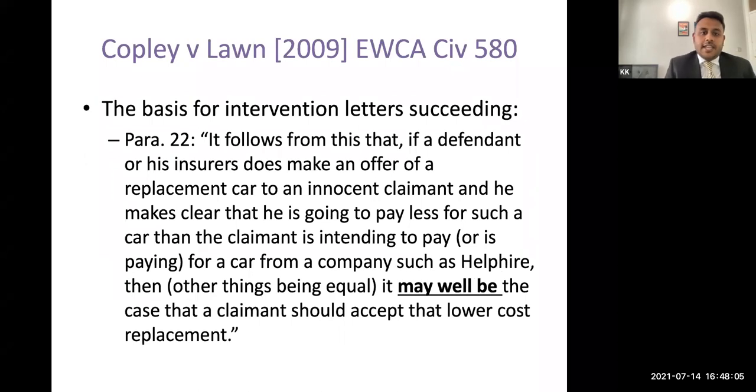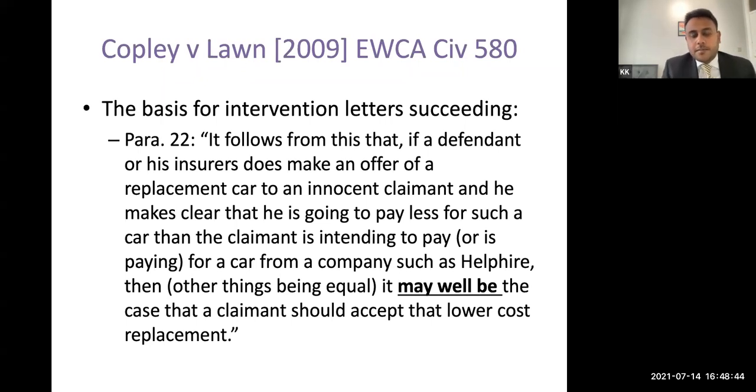In terms of the basis for the intervention letter succeeding, we can see at paragraph 22, the court said that it follows from this that if a defendant or his insurers does make an offer of a replacement car to an innocent claimant, and he makes clear that he is going to pay less for such a car than the claimant is intending to pay, or is paying for a car from a company such as Help Hire, then other things being equal, it may well be the case that a claimant should accept that lower cost replacement.